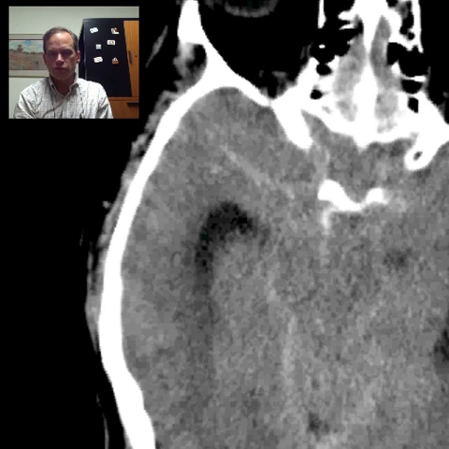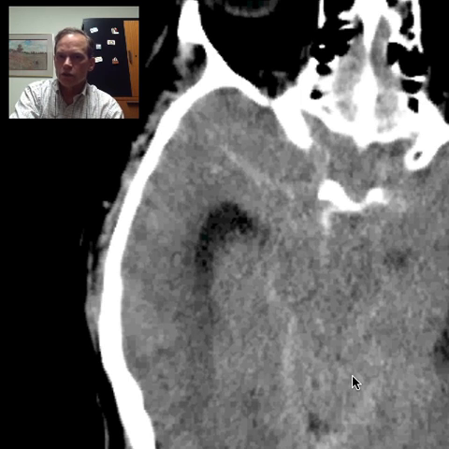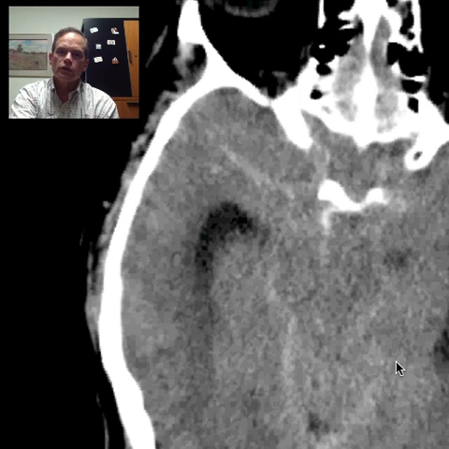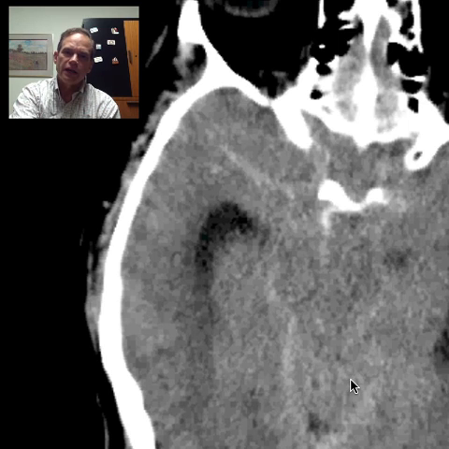But it's also possible for mass effect in the posterior fossa, inferior to the tentorium, to cause upward mass effect. And in that case, it's called superior transtentorial herniation. So ordinarily, when people refer to tentorial herniation or just herniation, they usually mean that the cerebral hemisphere is hanging over that margin.